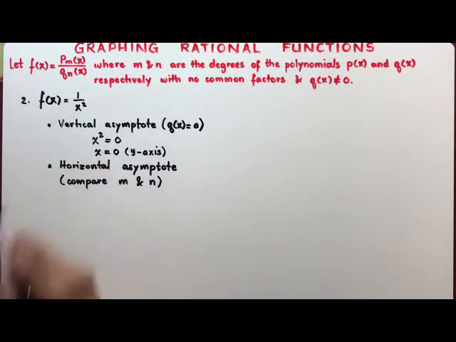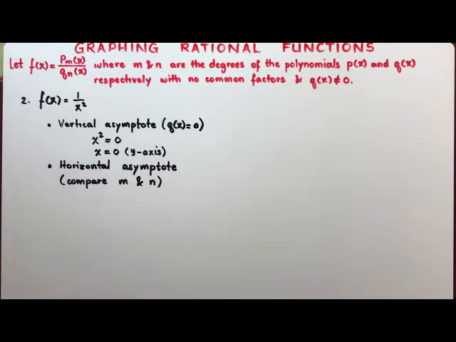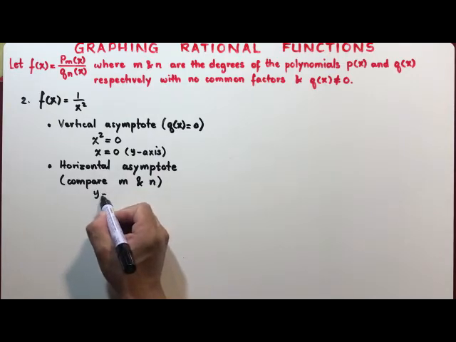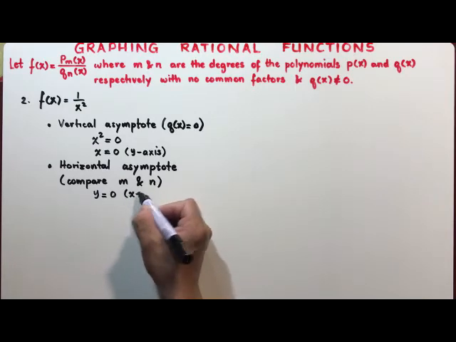It's of degree 0. And also our denominator, the degree is 2. Since the degree of the denominator is greater than the degree of the numerator, our horizontal asymptote is y equal to 0. In other words, this is our x-axis.